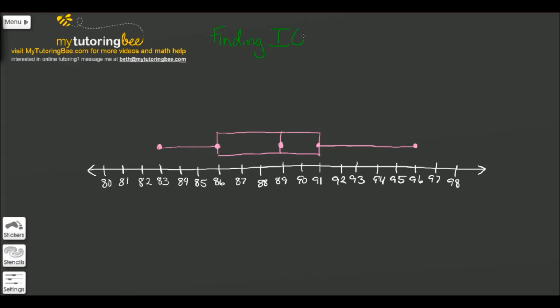And for this part, we are going to be finding the IQR, or the interquartile range. So we just talked about quartiles and what those mean. And when we talk about inter, that really just means inside. So inter, I'm going to write that in here, inside. And then the quartile, as we talked about before, are the 4 sections of our data.